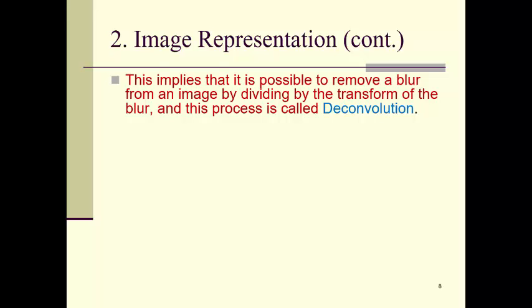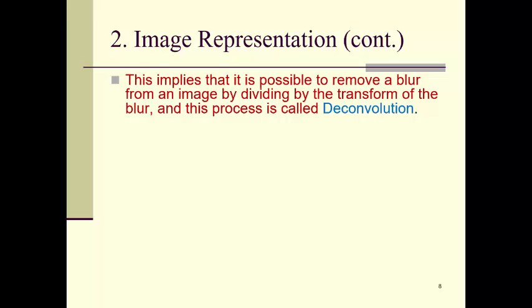So here we say that this implies that it is possible to remove a blur from an image by dividing by the transform of the blur, and this process is called deconvolution. So again, let's assume, for example, that this is my defect function, and now I have g, and I have succeeded in one way or another to get its corresponding h.